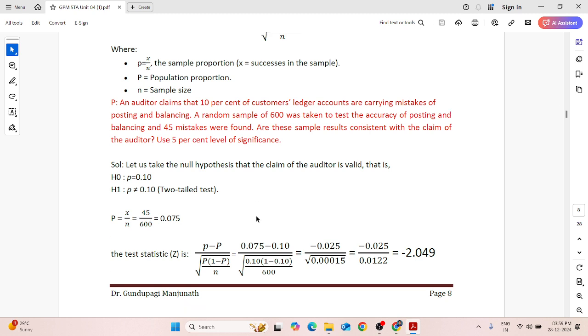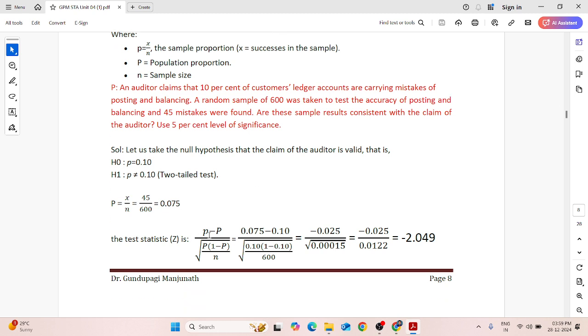As we are applying the Z statistic using the formula, we substitute the values from the problem statement: 0.075 minus uppercase P, which is 0.10, that is the 10% we are claiming.